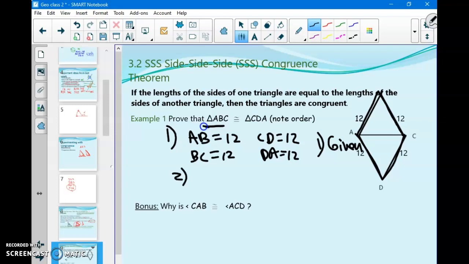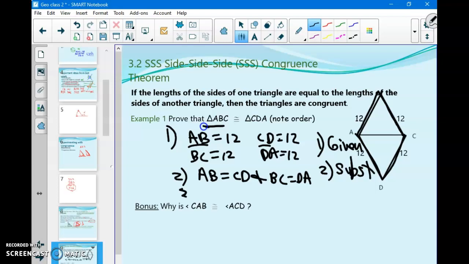If AB and CD are both equal to 12, can I say that AB is equal to CD? And similarly, BC is equal to DA. And I use substitution. If things are equal to each other, you can substitute them in.